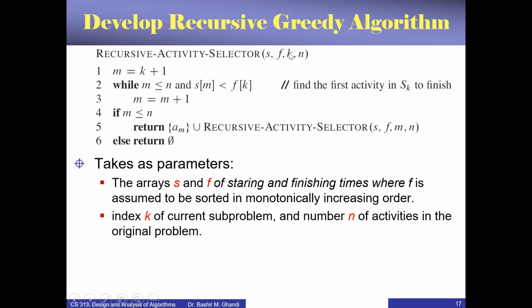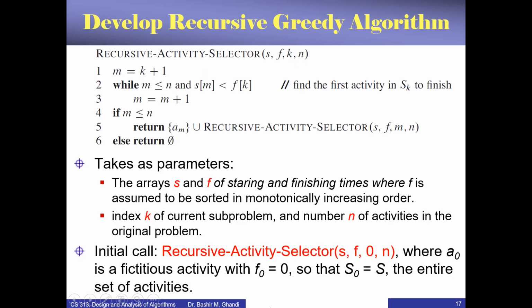Now K initially we're going to assume is 0. So the initial call to the recursive method here is S, F, 0, n, where we're going to assume there is some fictitious activity A0 whose finishing time is 0. Because if you do that, it means S naught will be equal to the entire original problem we are trying to solve.